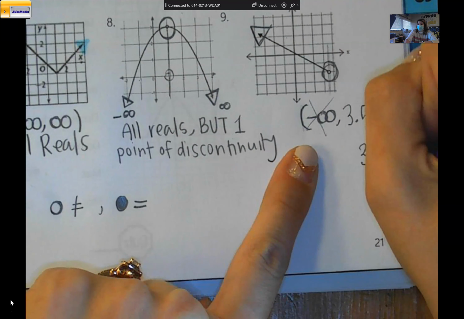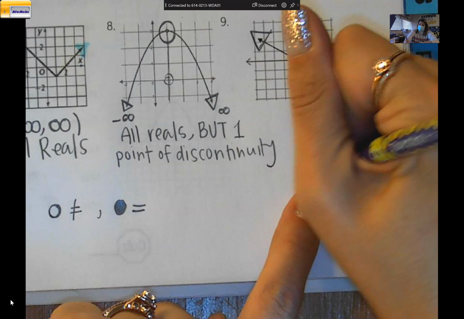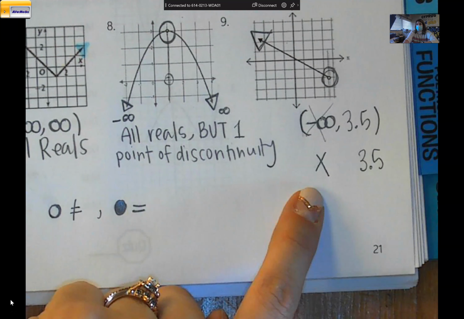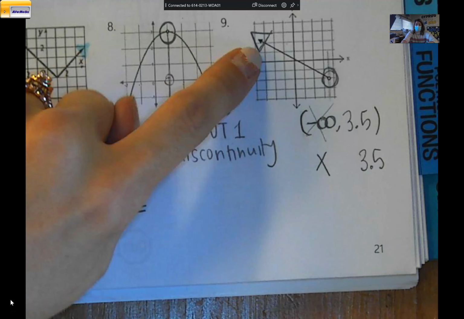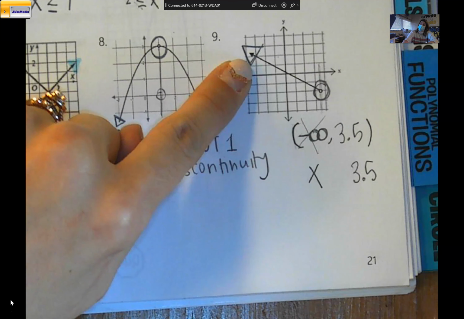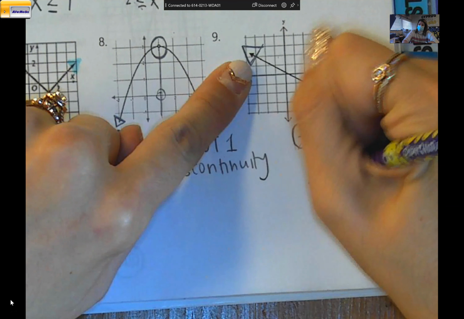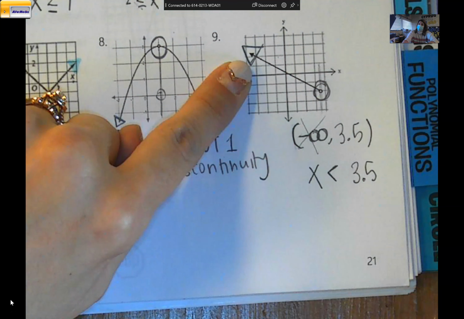We keep the 3.5. We put x on the left always. Then we go up to our graph and we look at the direction the arrow is pointing, and we have to point our symbol in the same direction.